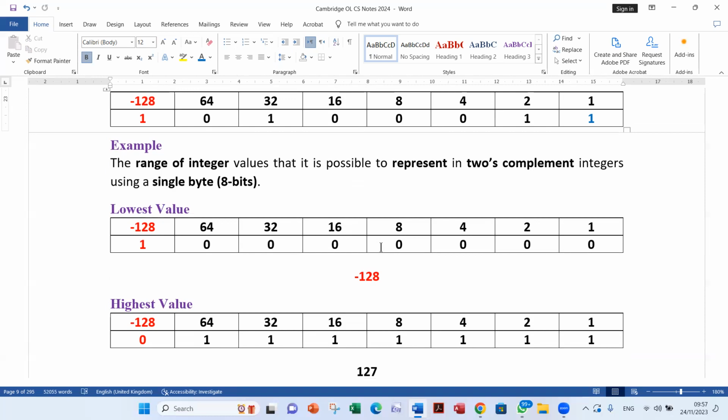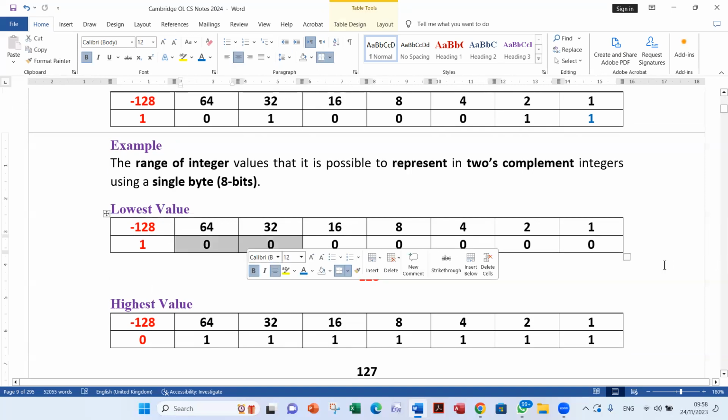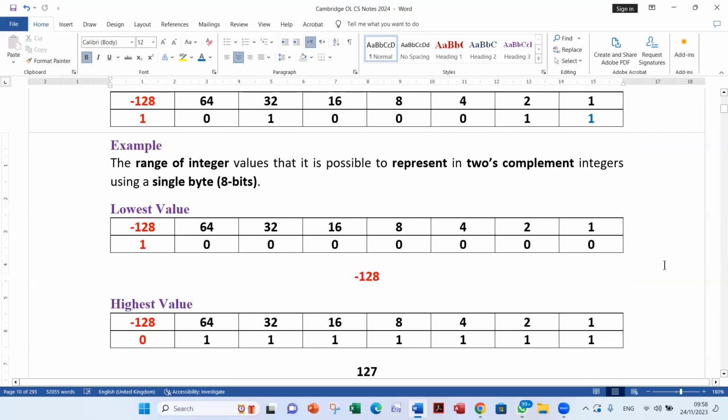When you have 8 bits, the smallest value, which means the most negative value, how can you achieve that? You put a 1 here and fill all these with zeros. This is how you get the biggest negative value, because this is the only negative component.